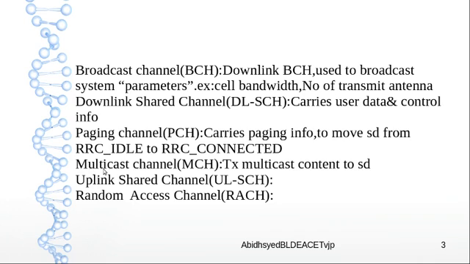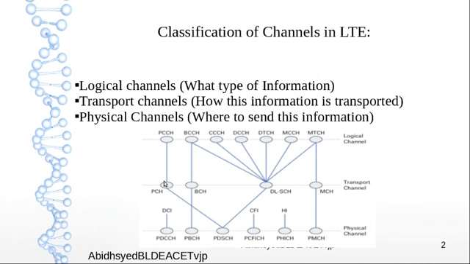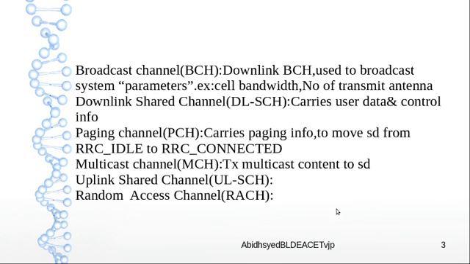That type of information is transferred using the multicast channel. You can see it here, MCH, the multicast channel, which is one type of transport channel, right? It transports multicast information to the user or subscriber device. SD stands for subscriber device.